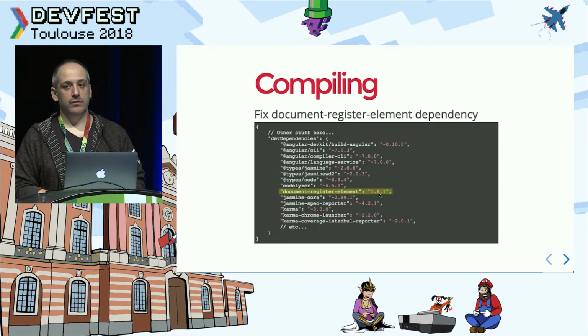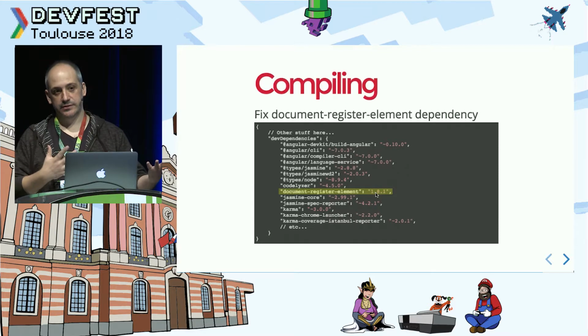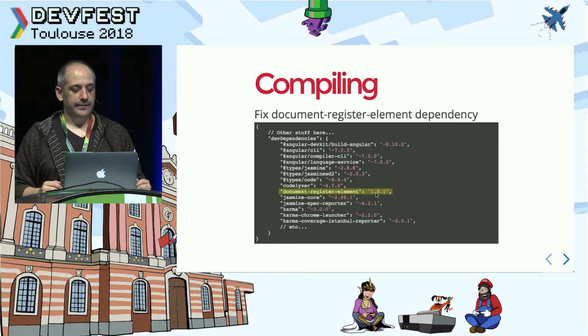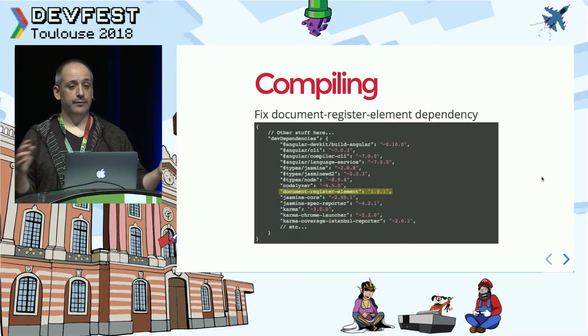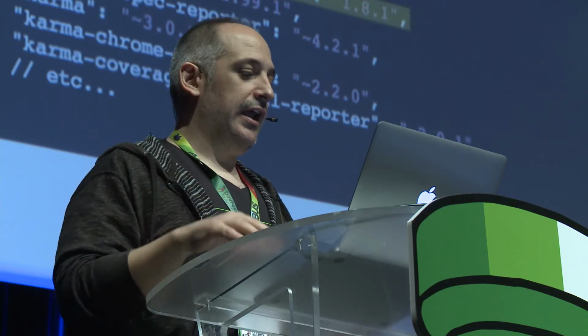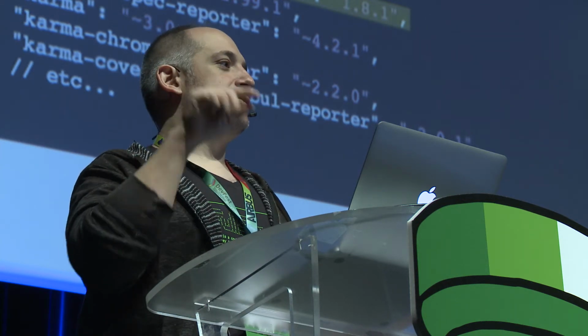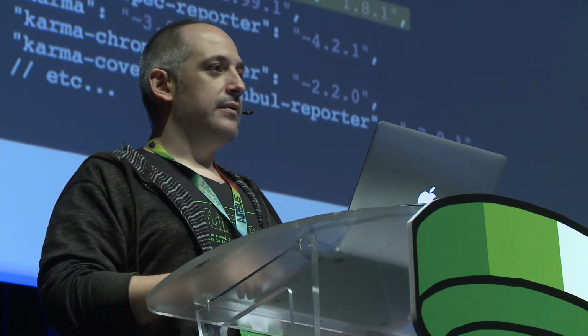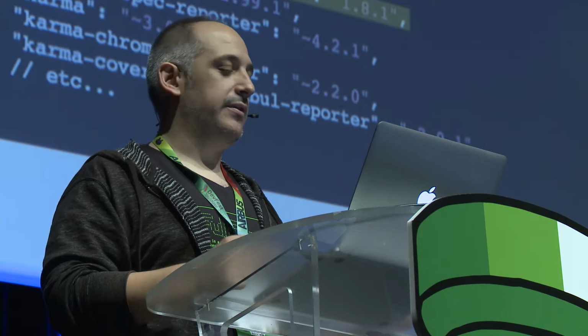If you are going to use Angular elements for any reason, you probably have to do this until they fix the document register element dependency, which is, by the way, maintained by some guy. No, this is not part of Google, and the guy is asking for money, so you can just send him $5 to buy him a beer or whatever.